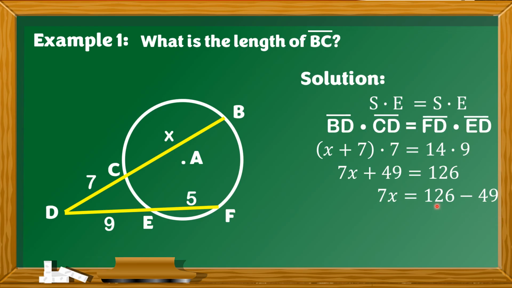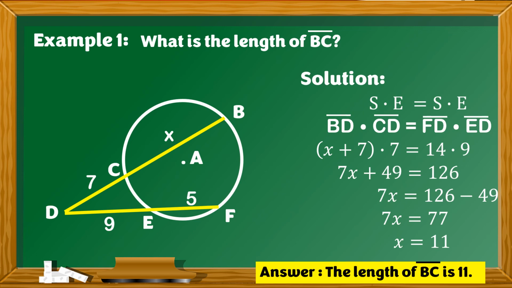The difference between 126 and 49 is 77. Next we're going to divide the equation by 7. So 7x divided by 7 is equal to x, and 77 divided by 7 is equal to 11. So the value of x is 11. Therefore, the length of line segment BC is 11.